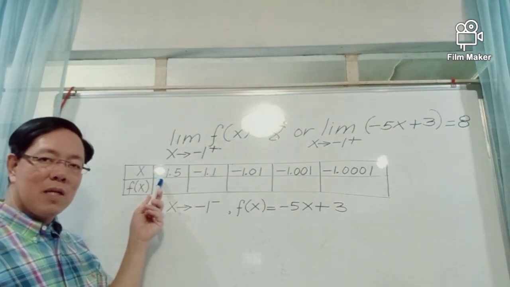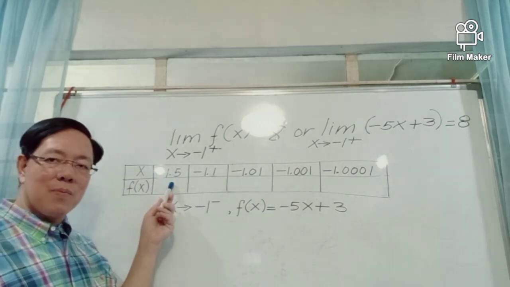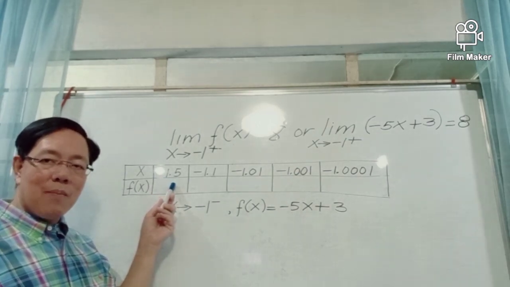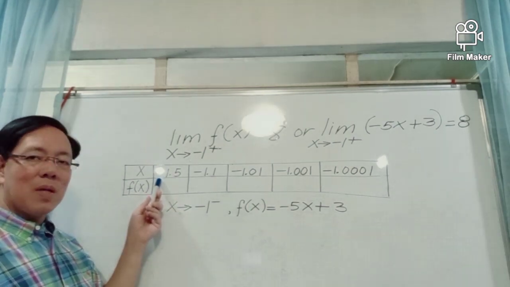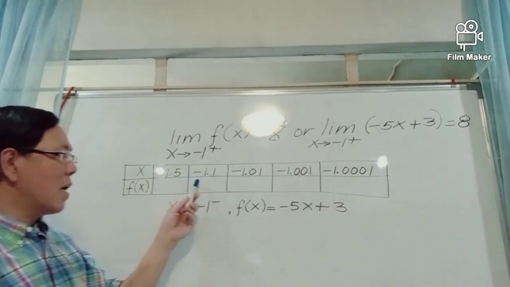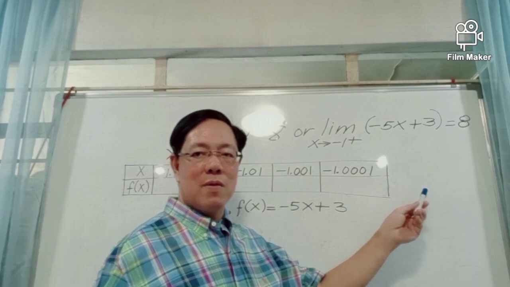We start with the value of x equals negative 1.5. Negative 1.5 is a number to the left of negative 1. And from negative 1.5, I will assign values to x that are approaching negative 1.